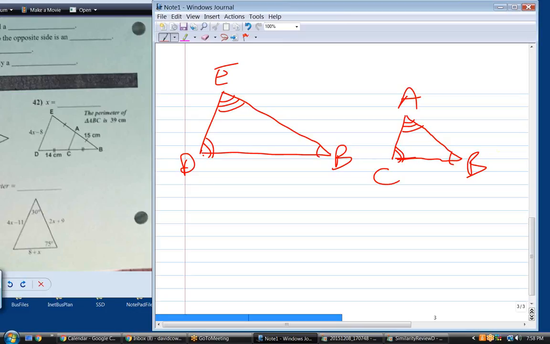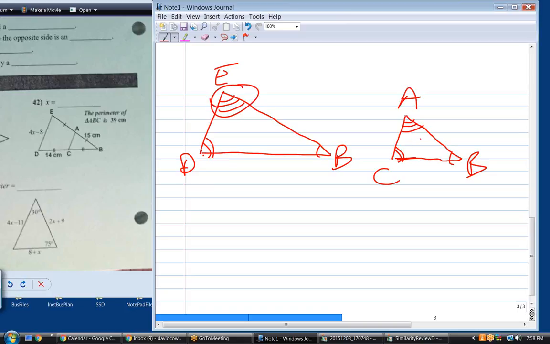But one way, once you define which angles are equal, even if it's not drawn properly, then you take the side opposite. In other words, let's say I had this drawn upside down. Well, which side is the corresponding side to DB? It's the side that's opposite that angle.